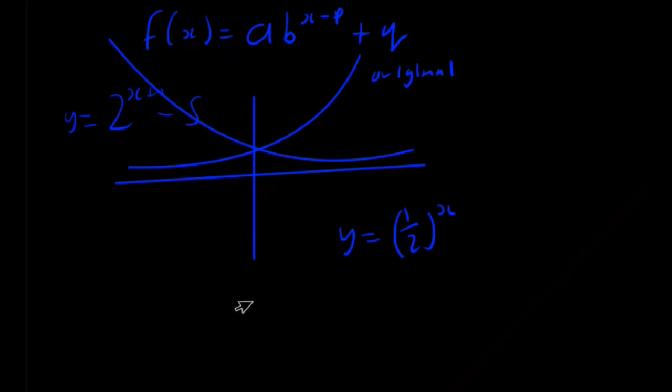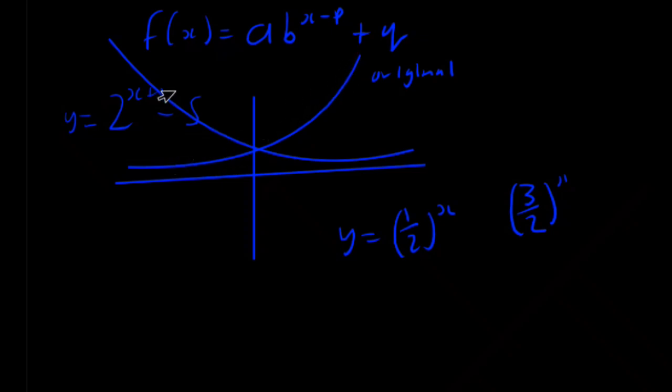Now, why did I not say that if b is not a fraction, it's going to be the original? Because b can also be an improper fraction, and if they really want to test it, they'll do this, right? If b is an improper fraction, it is still the original.